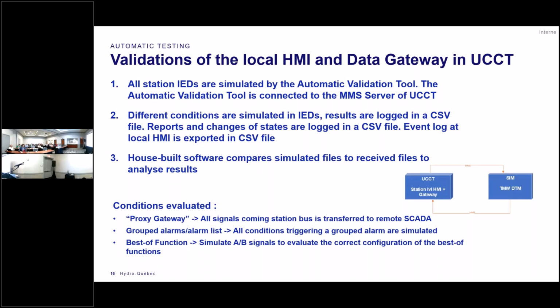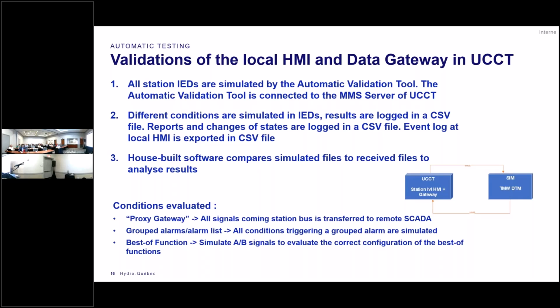It had to take into account the quality, the different conditions of the IEDs. And based on that, the treatment and the validation came with specific conditions to test in order to test that all the signals were well defined. So this is another condition that was evaluated during those loops of script testing that was done.